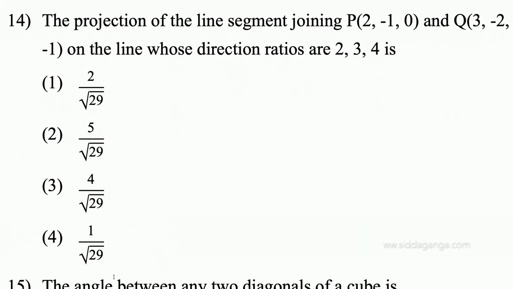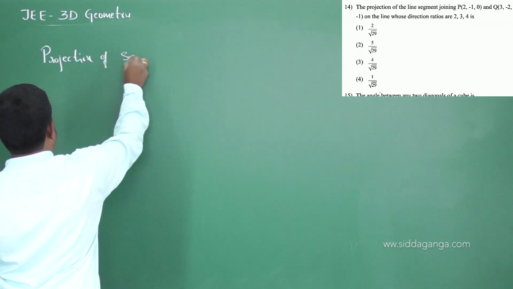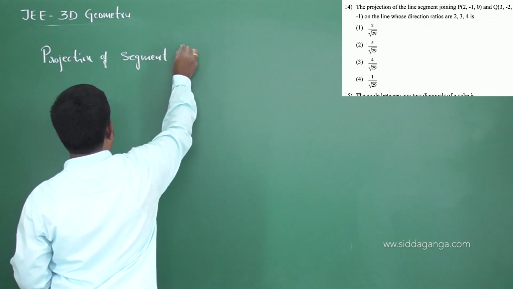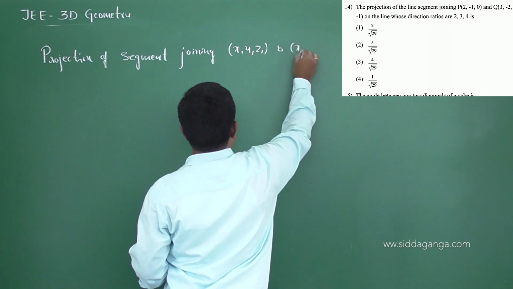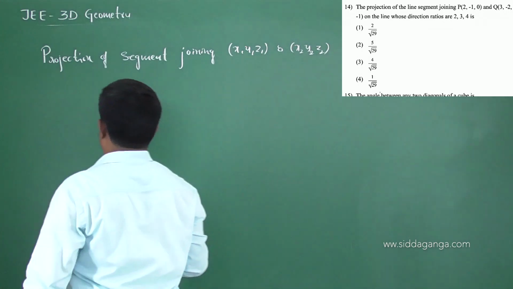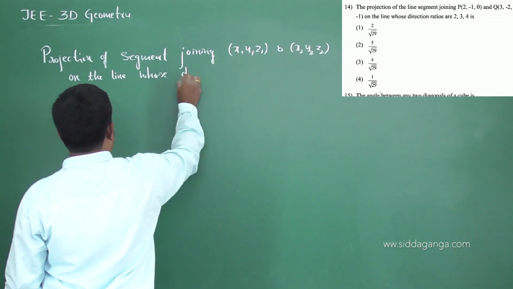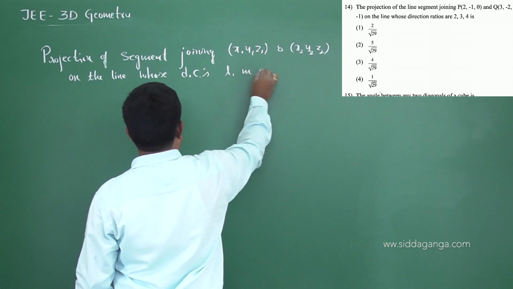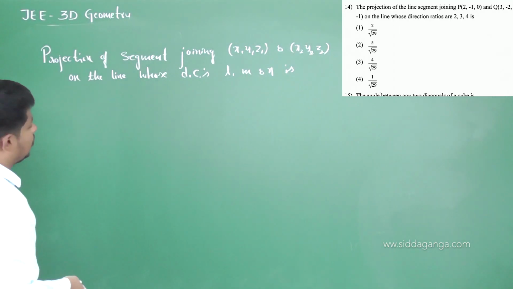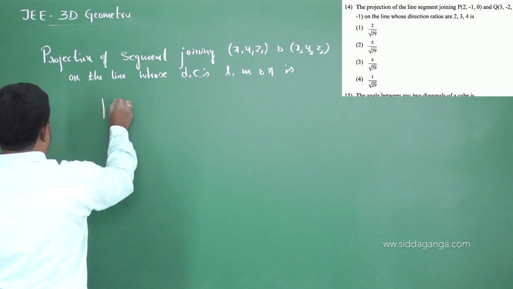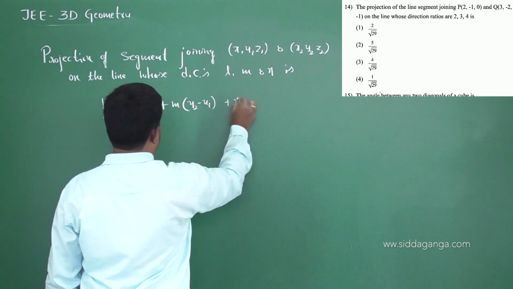Students, we know the result: the projection of the line segment joining (x1, y1, z1) and (x2, y2, z2) on the line whose direction cosines are l, m and n is given by l into (x2 minus x1) plus m into (y2 minus y1) plus n into (z2 minus z1).